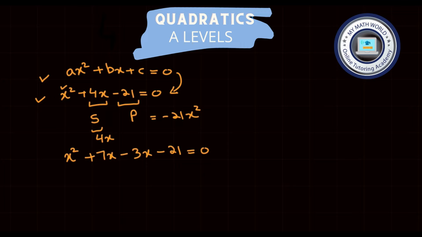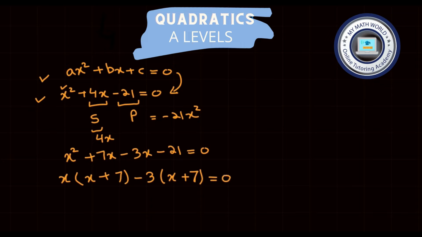So now let's factorize it by taking the GCF out. GCF means greatest common factor. So x is the common factor in the first two terms. So let's take it out: x times x plus 7, and from the second expression, I'm going to take minus 3 out. So then we will have inside the bracket x plus 7, which is equal to 0.